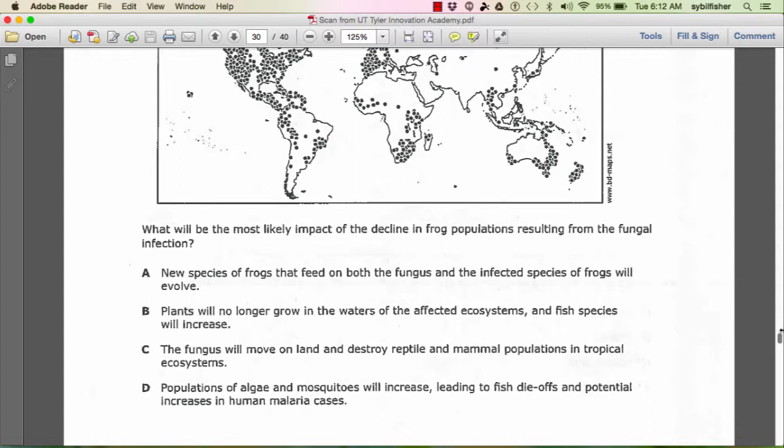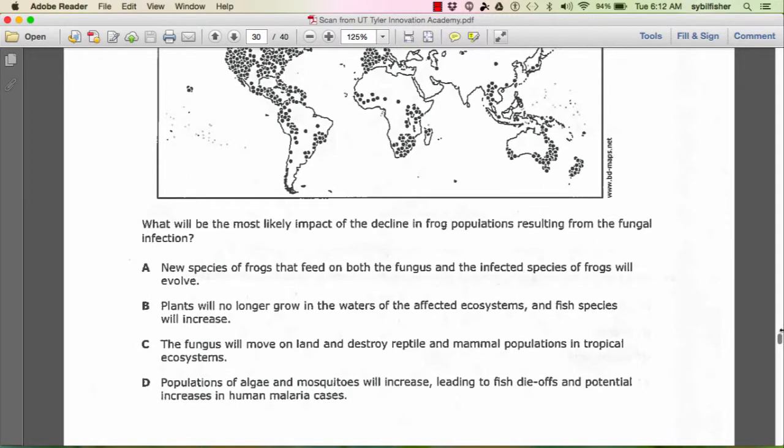C. The fungus will move on land and destroy reptile and mammal populations in tropical ecosystems. D. Populations of algae and mosquitoes will increase, leading to fish die-off and potential increases in human malaria cases.